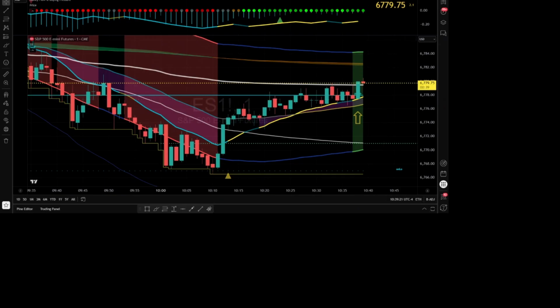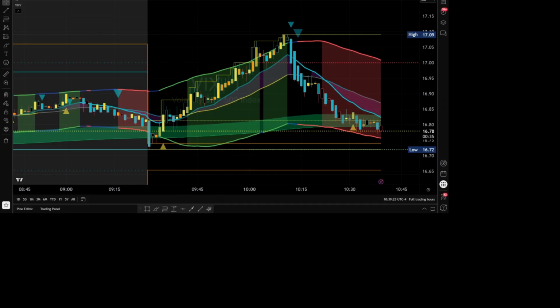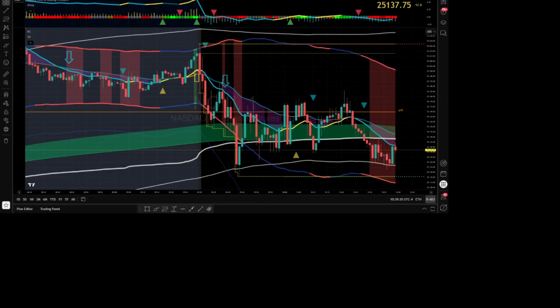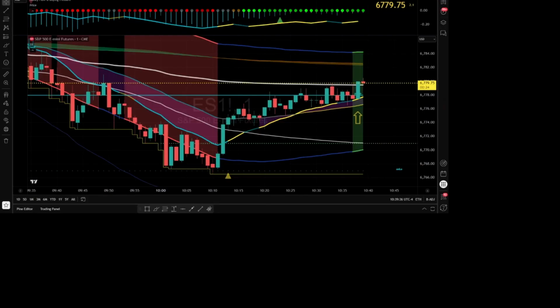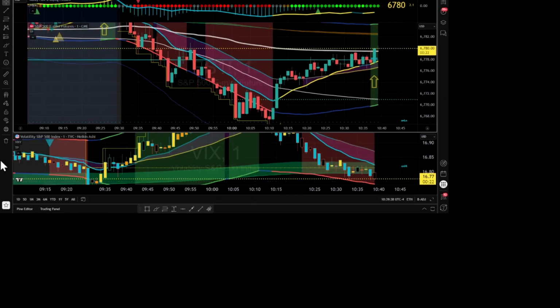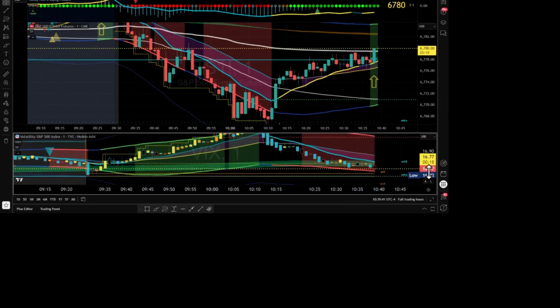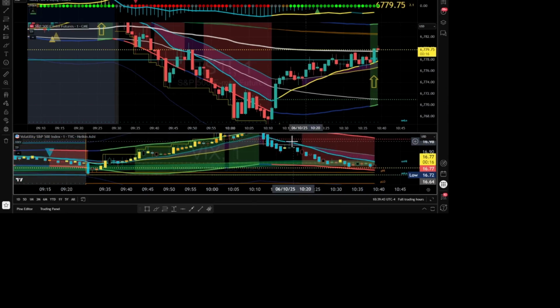So let's take a look at VIX. So it looks like VIX wants to just go through the 48 cloud. That's good. NQ still choppy. Okay, so I'm gonna leave this chart up because I think this is the better one. You can see again this bounce here.